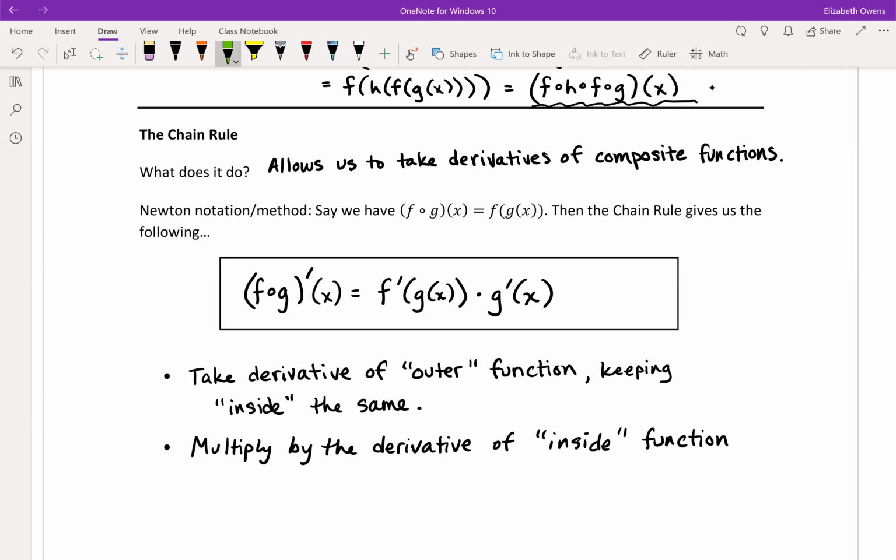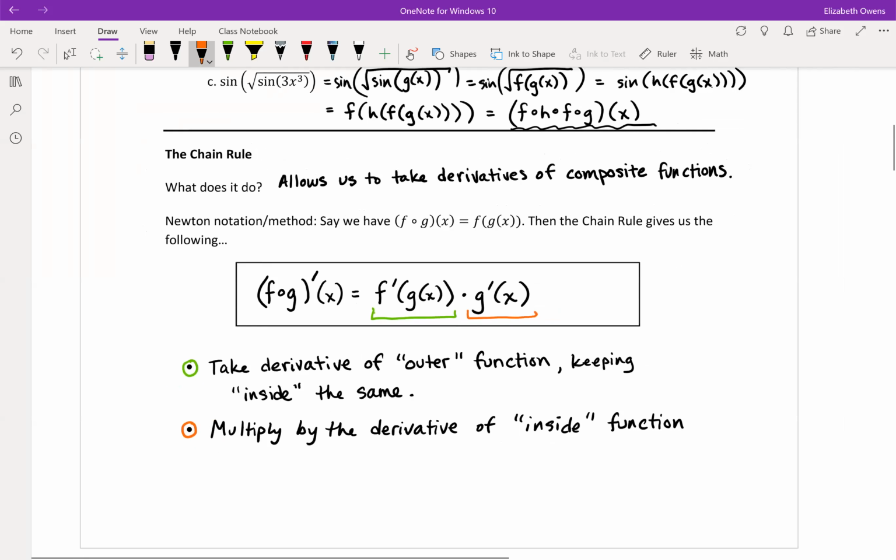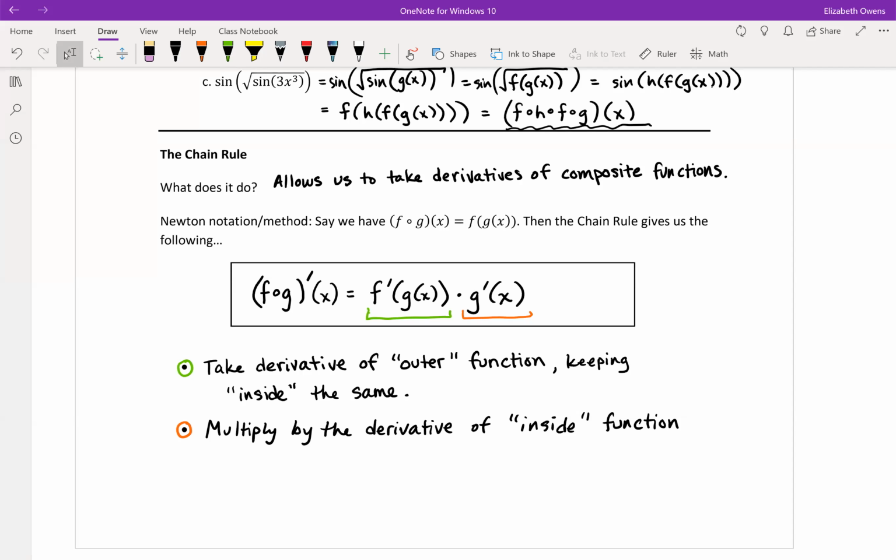So that's the first part, f prime of g of x here. And then there's that second part, multiplying by the derivative of the inside function. So that's one way of looking at it with Newton's notation.